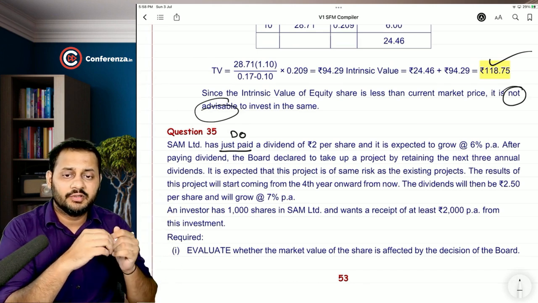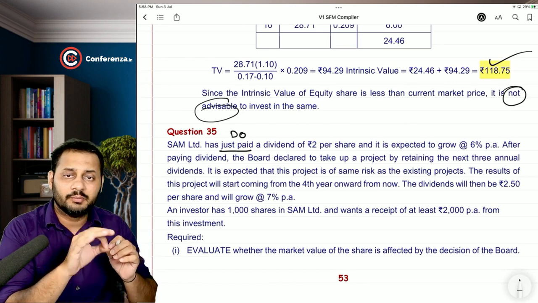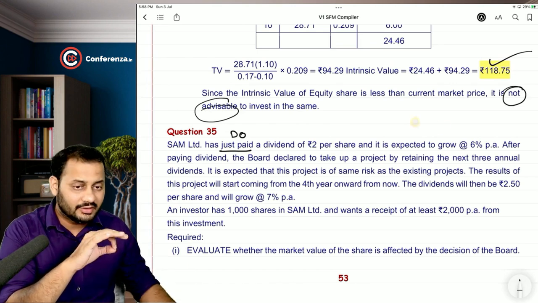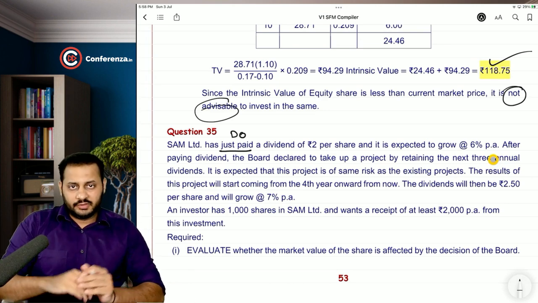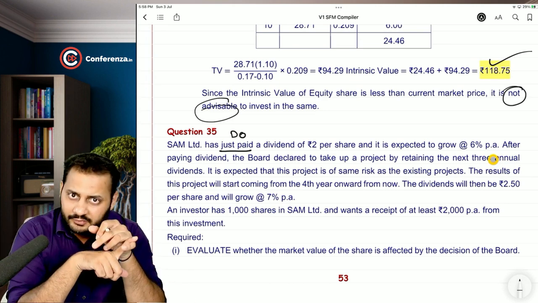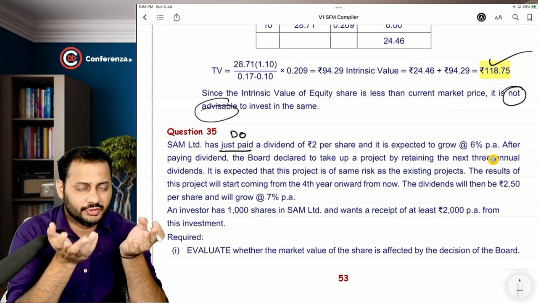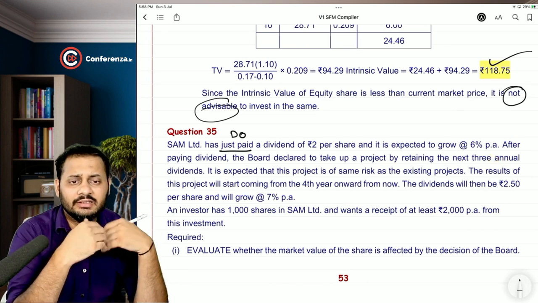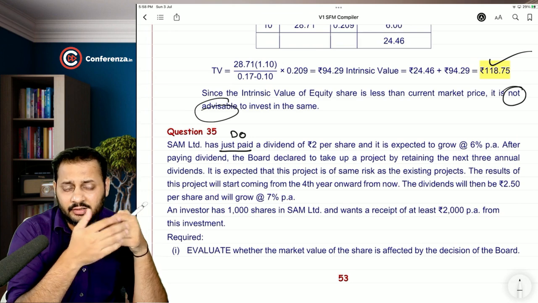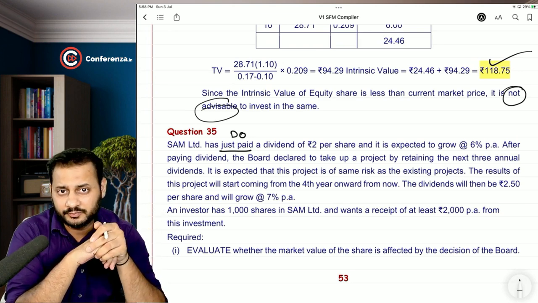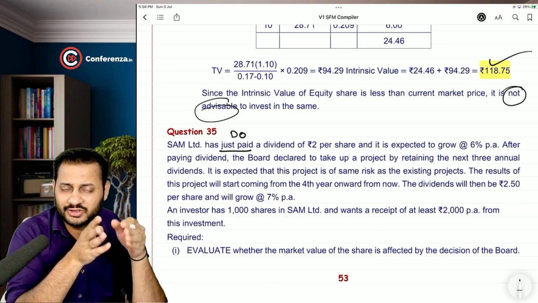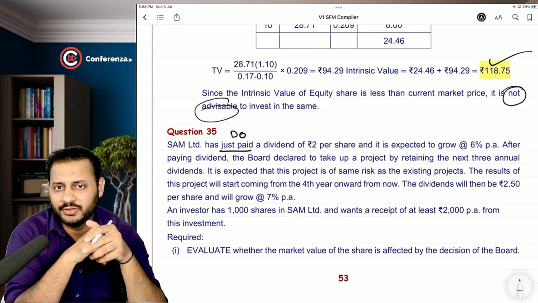After paying the dividend, the board declared to take up a project by retaining the next 3 annual dividends. First of all, they declared the dividend, board of directors, which was 2 rupees, which was for the past year, and then it is expected by the board that this dividend will grow at a rate of 6% per annum. So 2 into 1.06 into 1.06 and into 1.06.